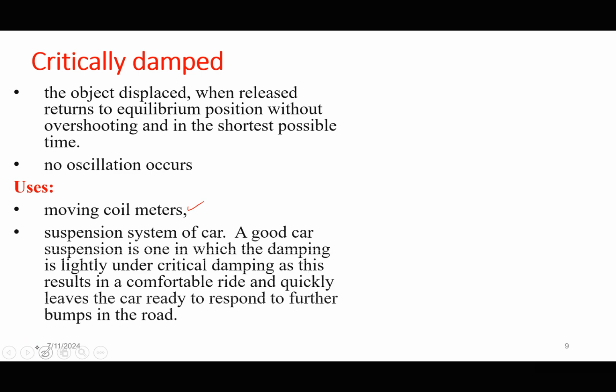We also have suspension systems of cars, which we wrongly call shock absorbers. A good car suspension is one in which the damping is slightly under critical damping, as this results in a comfortable ride and quickly leaves the car ready to respond to further bumps in the road.